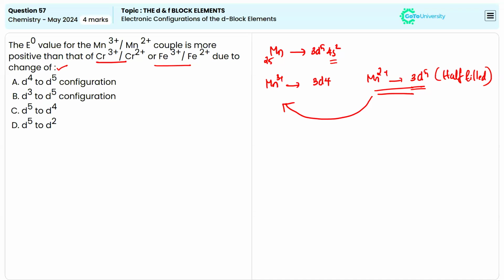So we are changing from d5 to d4 configuration. So the reason is option A, that is the d4 to d5 configuration. The reason is that Mn2+ has a highly stable configuration, so we have to apply more third ionization energy to convert it into Mn3+. So this will be the answer.